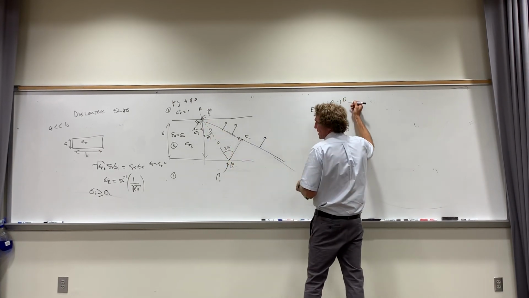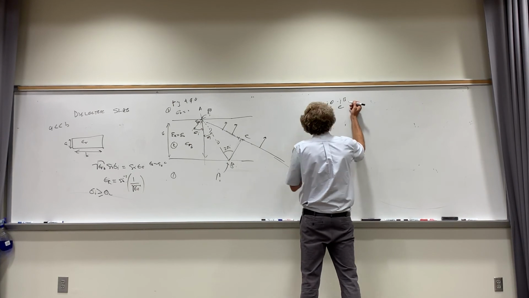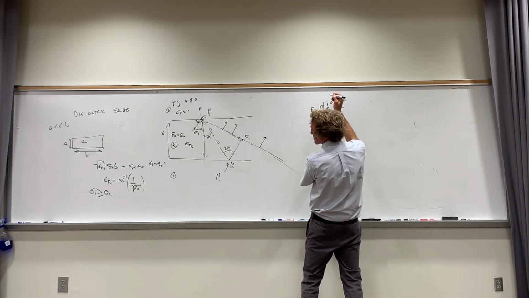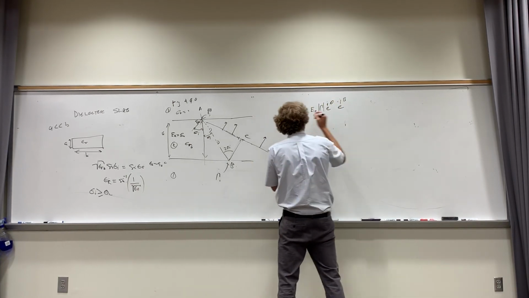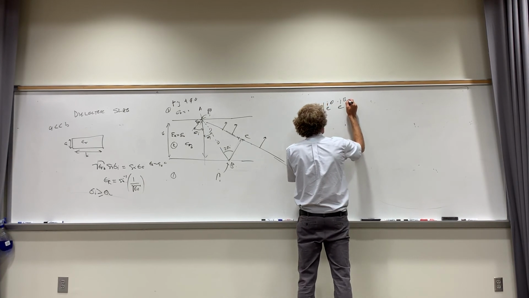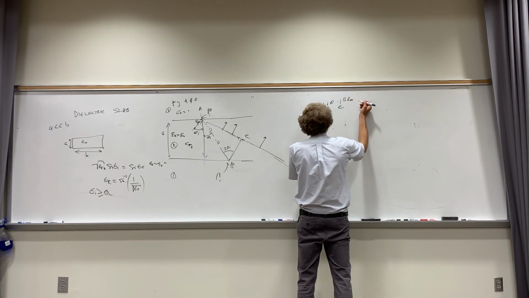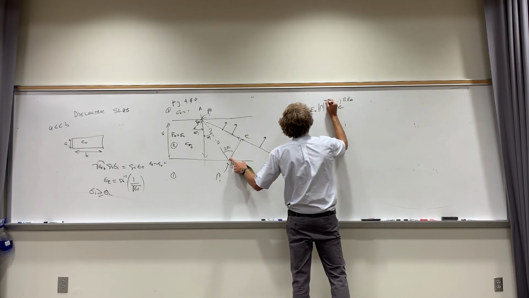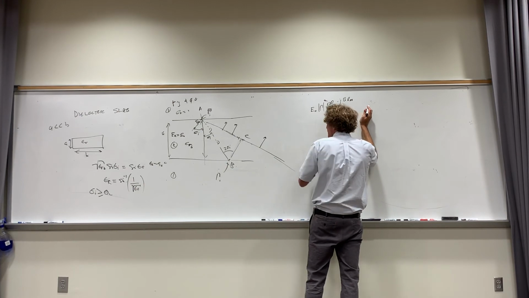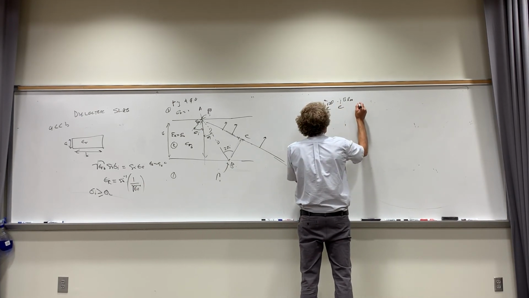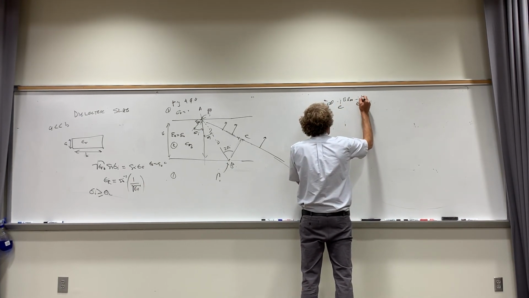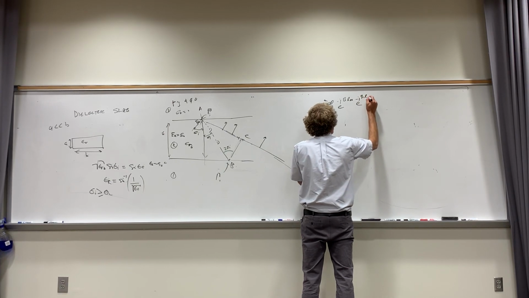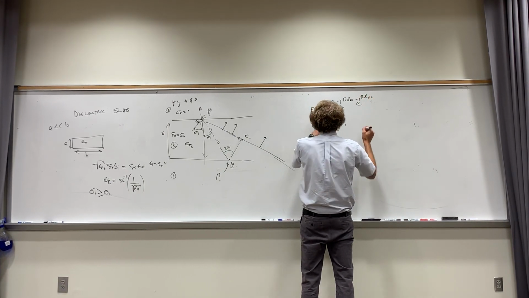Wait a second. No, A. That's A to B. Times L A to B. And then it comes down here and hits, so it's gamma again, so it becomes gamma squared, and then there's a 2 here, because now I'm going to have 2 of the phase angles. And then it's going to be e to the minus j beta and L B C here.